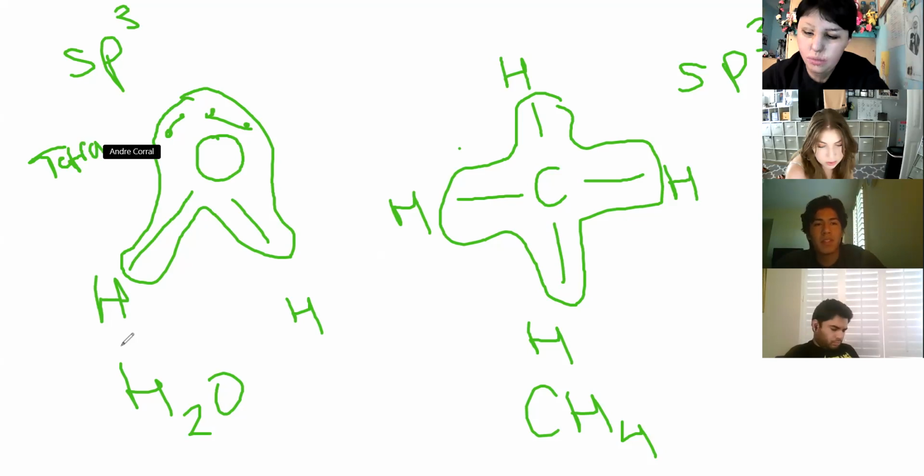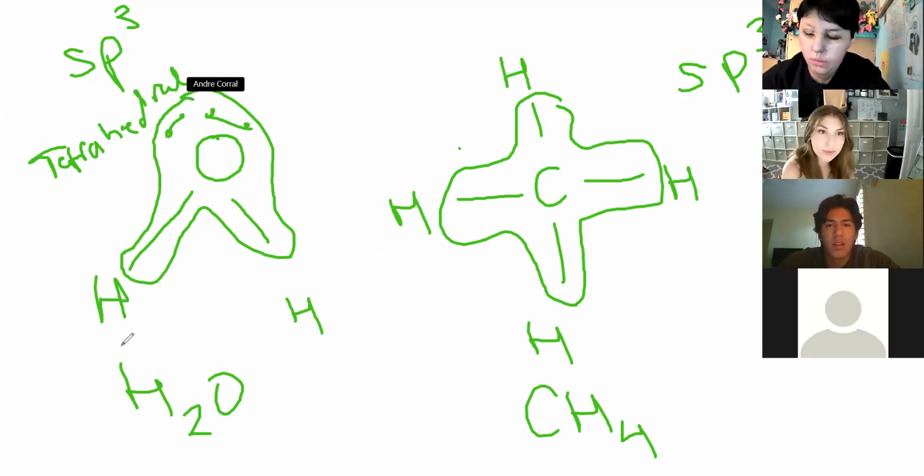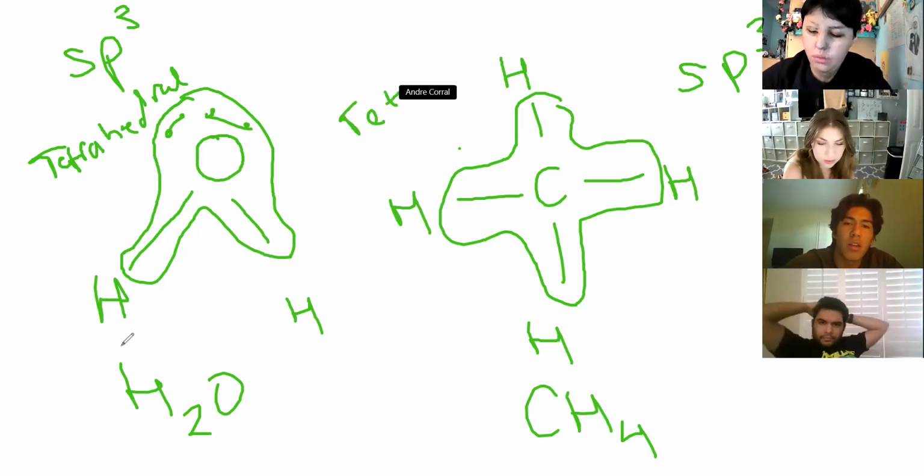But in molecular, one of them is a little different because they're not truly tetrahedral. So does anybody know which one's the truly tetrahedral one? Methane's tetrahedral. Yeah, methane's tetrahedral in both cases, right? So what's water then?